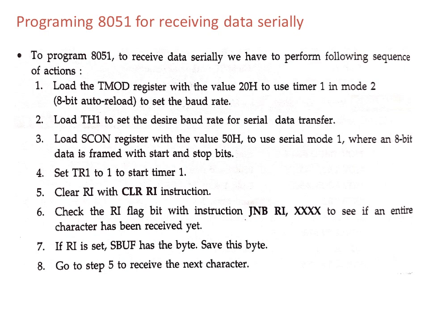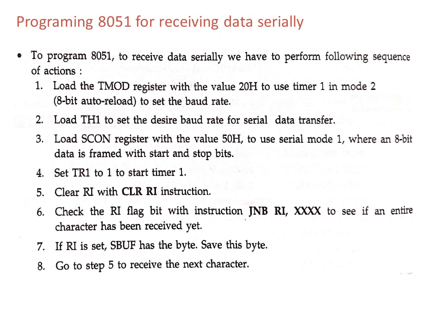The next topic is programming 8051 for receiving data serially. Here mainly we'll be studying the different steps we need to follow in programming 8051 for receiving the data serially. To program 8051 to receive data serially, we have to perform the following sequence of actions. The first step is load the TMOD, that is timer mode register, with the value 20H to use timer 1 in mode 2, that is 8-bit auto reload mode, to set the baud rate.